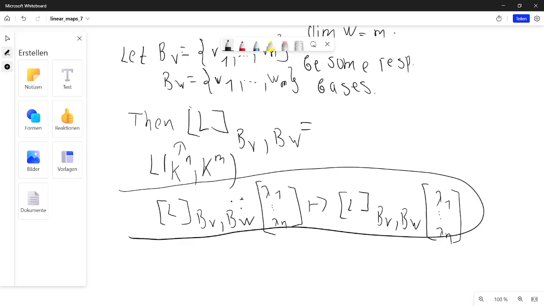So this is identified with a linear map, and this linear map is indeed just the map phi_W L phi_V minus 1.